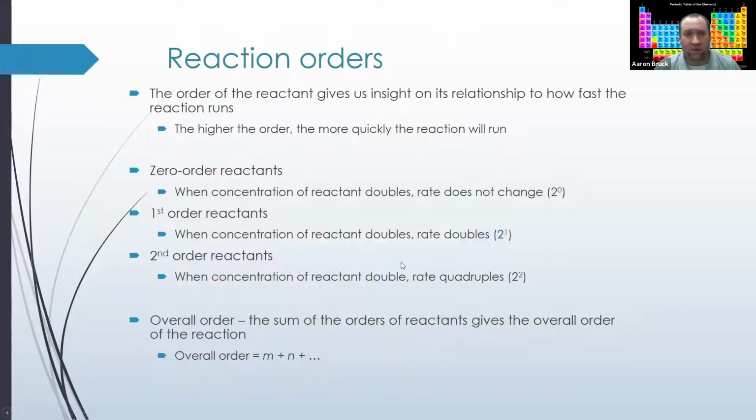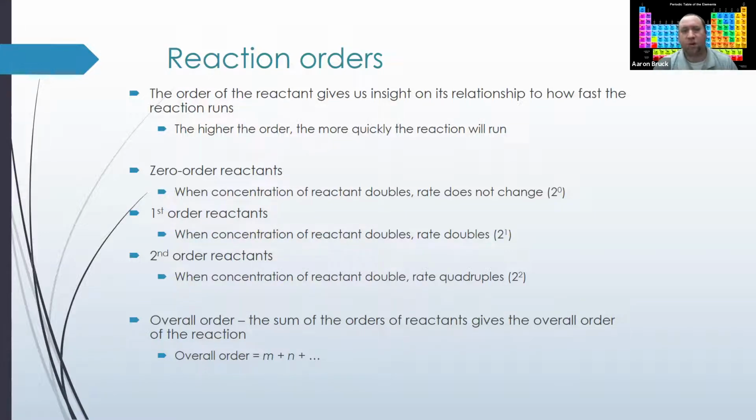So what about these reaction orders? Well, their overall purpose is to give us some insight into how the concentration of that particular reactant directly impacts the rate at which the reaction runs. The higher the order is, the faster the reaction will run.